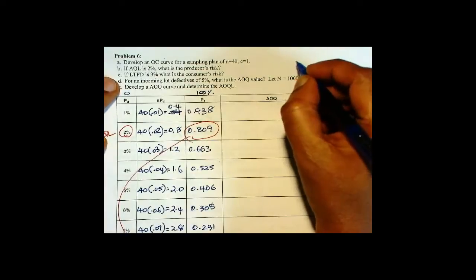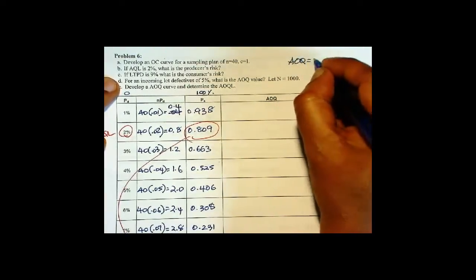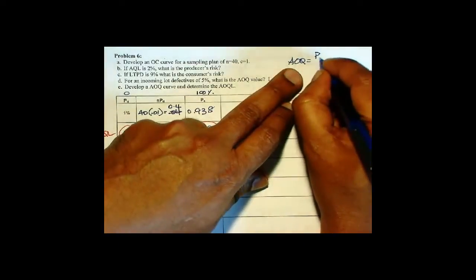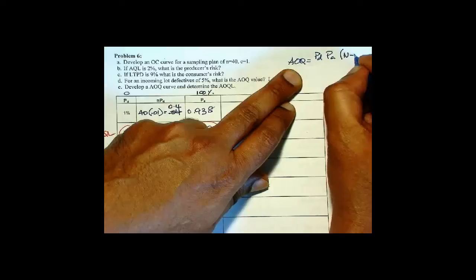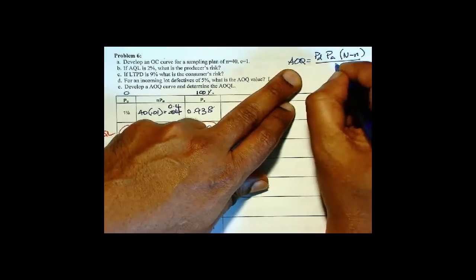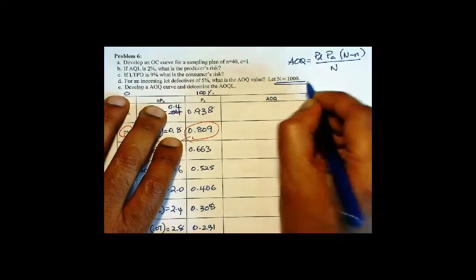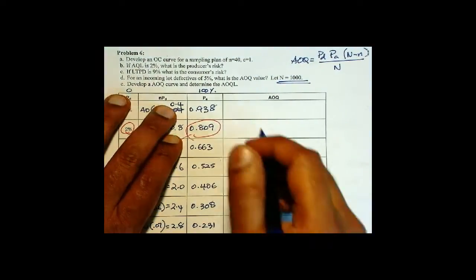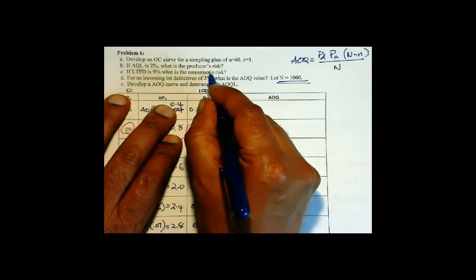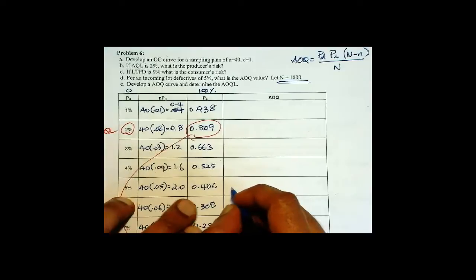Remember, the AOQ formula is P sub D times P sub A times (N minus n) over N. We are assuming that the lot size is 1000. If you want to compute only for 5%, you can compute it right here.